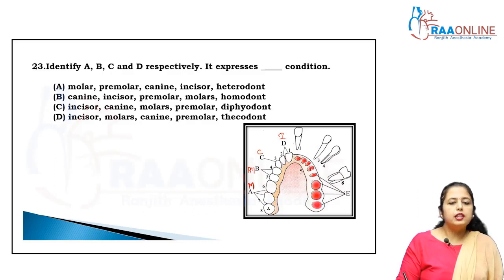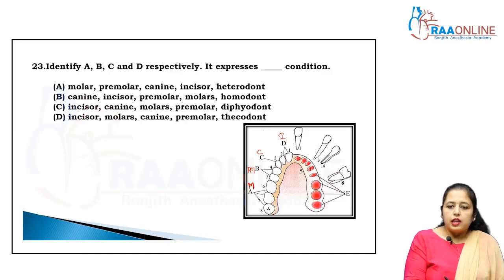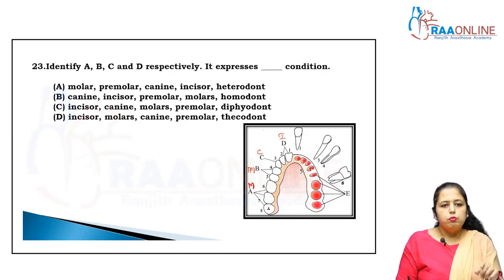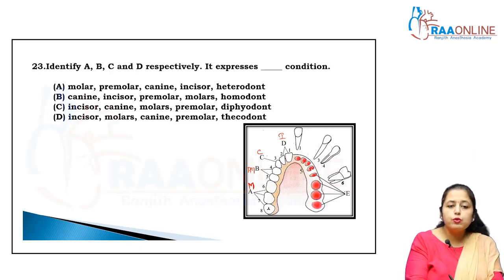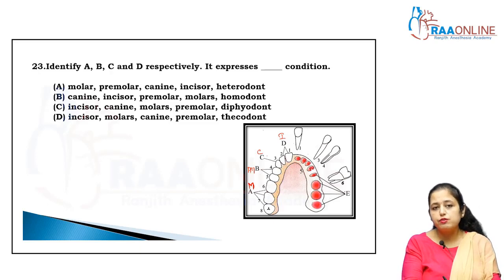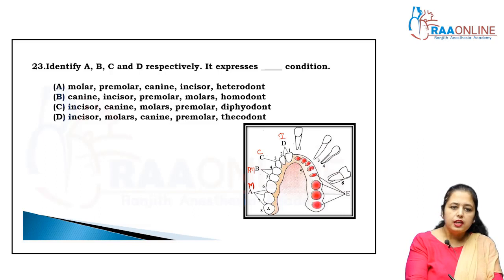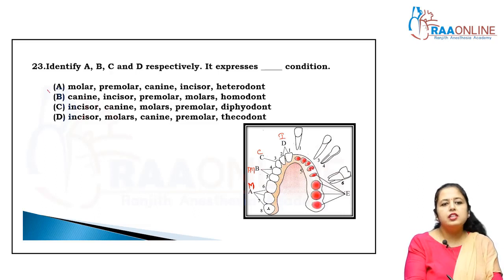Incisor, canine, premolars and molars. So A is molar, B premolars, C canine, D incisors, and on the basis of structure and function, they show the heterodont dentition, right? That's why the answer is A. Clear? The answer is A.